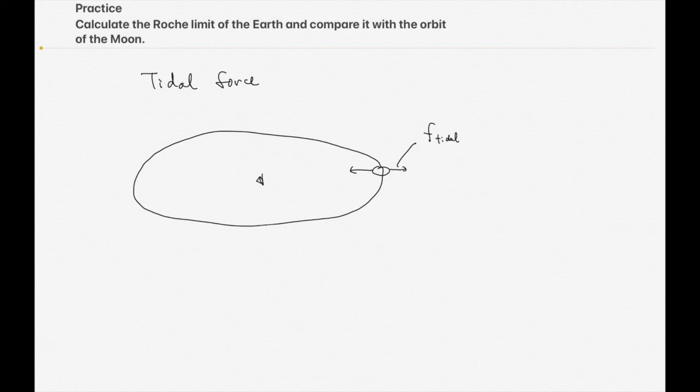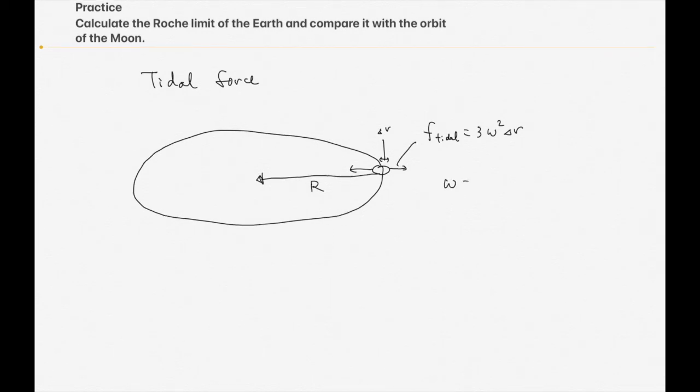For the unit mass, tidal force is given by 3 omega squared delta r. Delta r is the size of the object. If you consider the distance from the central object to the rotating object, the capital R, omega squared is given by GM over R cubed.